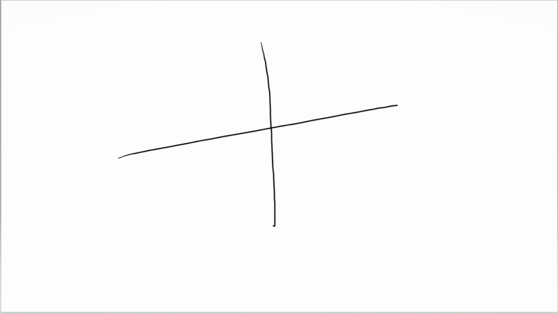Next problem is a horizontal stretch or shrink. It is below 1, so it is going to be a horizontal stretch. So let's write this down. There's the original parent function. Now it is a horizontal stretch of half, so just something like that. Easy.